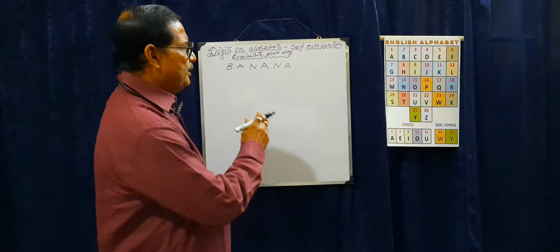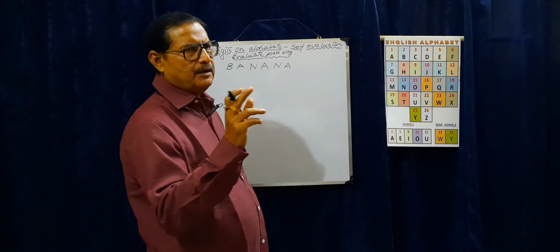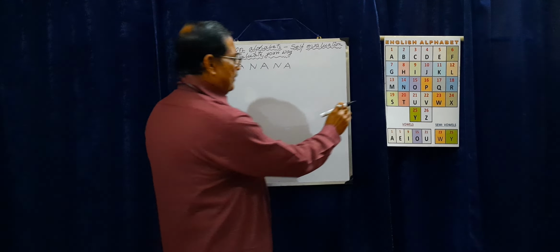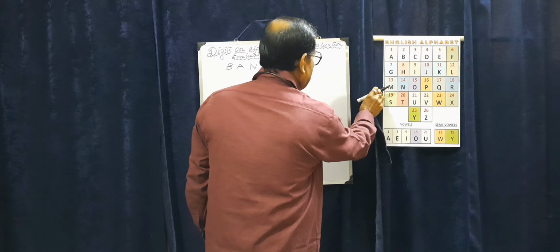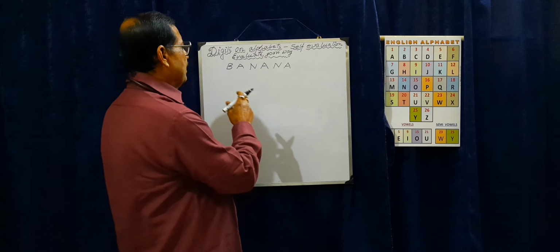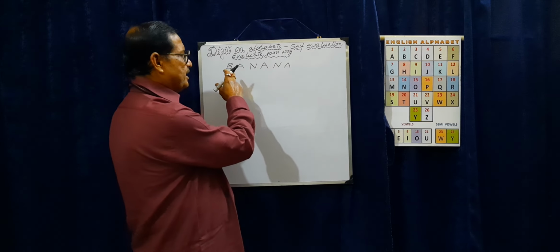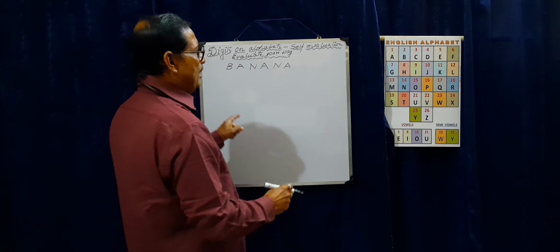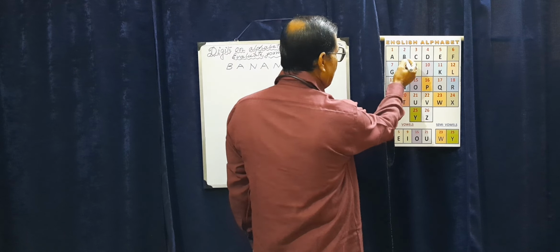Now I'll put the place value digits, which number each letter is representing. Just see, B is representing 2.